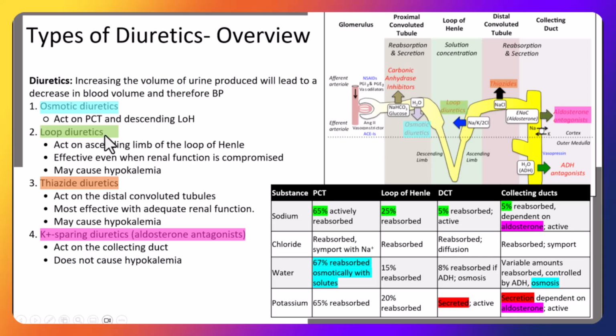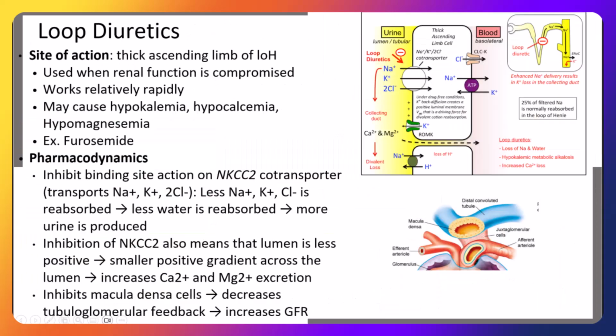So we're on the second type of diuretic. And when we look at the thick ascending limb, that's important because this is where we get normally about 25% of sodium reabsorption. And so that means if you can block reabsorption here, you can block 25% of sodium reabsorption.